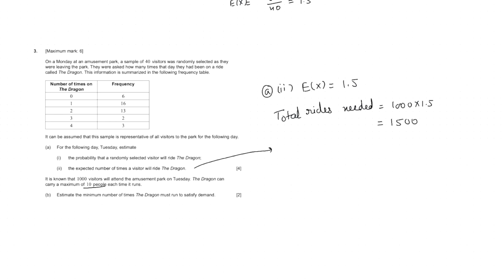So the number of runs needed is 1500 divided by 10. So the answer is 150. So we can say the dragon must run at least 150 times to meet the demand. That's the final answer.